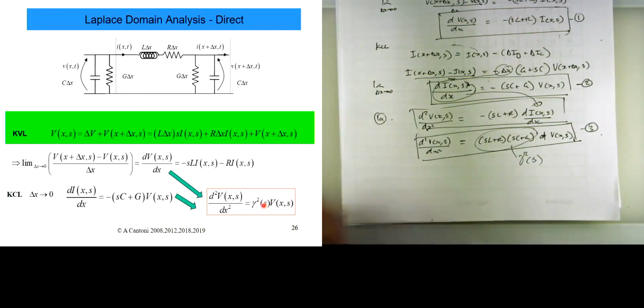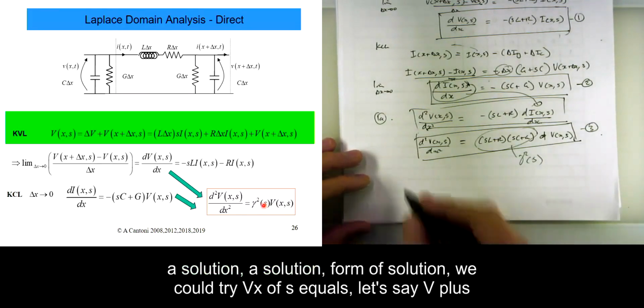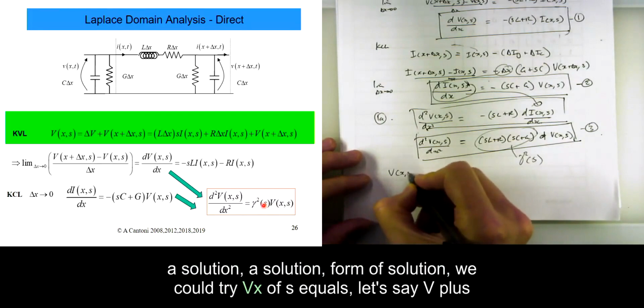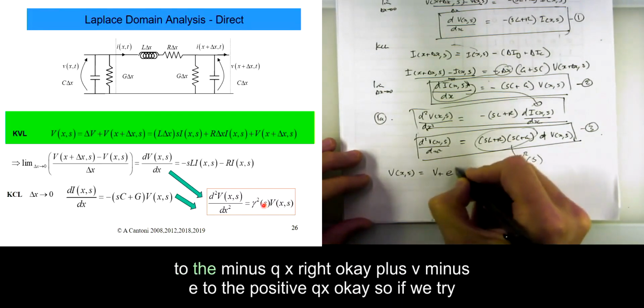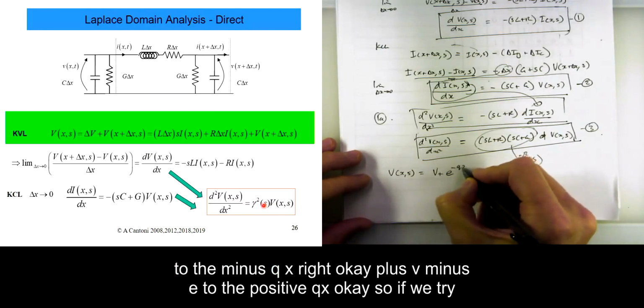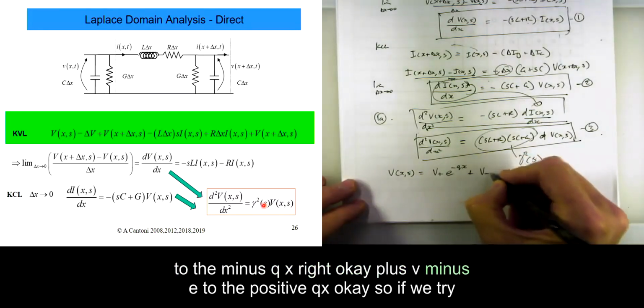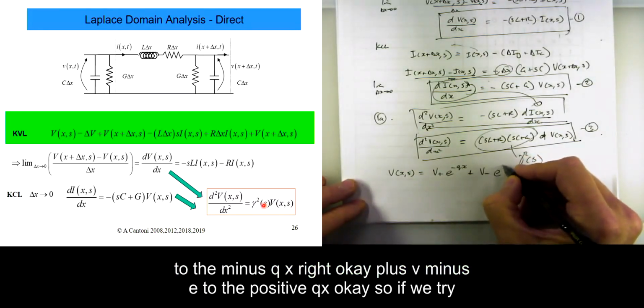So we know a form of solution, we could try V(x,s) equals V plus e to the minus Qx plus V minus e to the positive Qx.